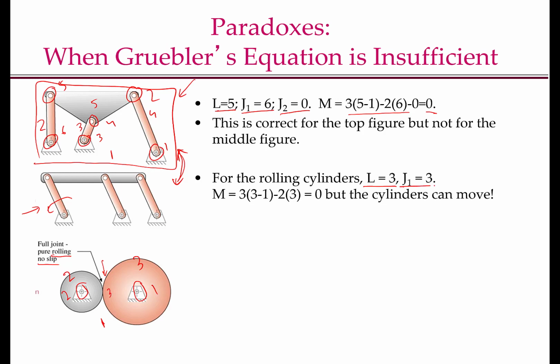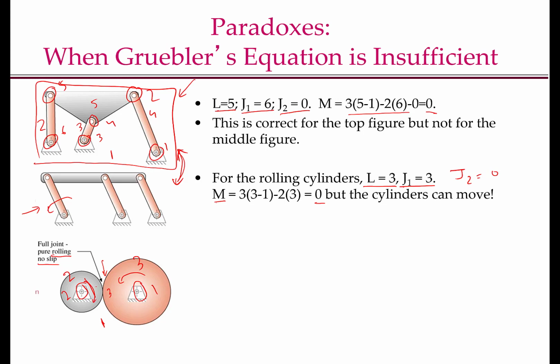So I have J1 equal to 3 and J2 is equal to 0. So if I substitute L and J1 and J2 in the Gruebler's equation, I get the degrees of freedom equal to 0. But we know that if this cylinder rotates, this one rotates in the other direction.